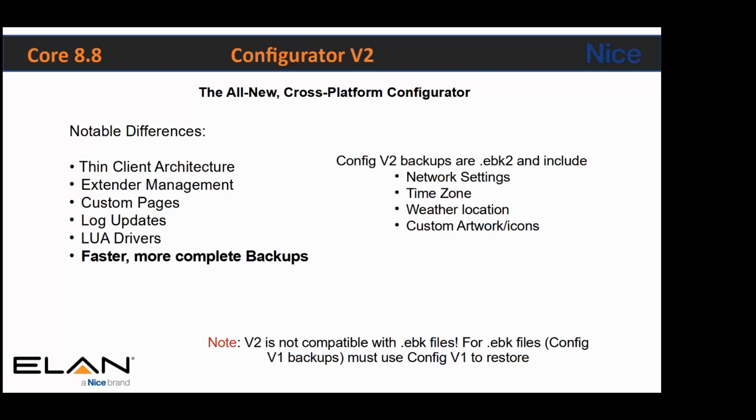So config V1 files, backups which are EBKs, need to use config V1 or classic configurator to restore them. So you're going to need to use config V1 or have that available at times if you want to restore. So what you should do is update a controller to 8.8 and then make a backup from 8.8, which is the EBK2. So that is the recommended pathway for this.